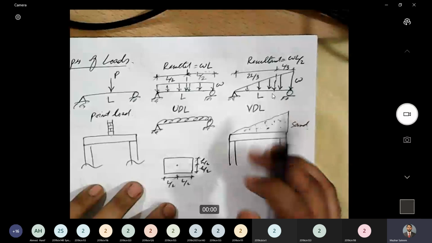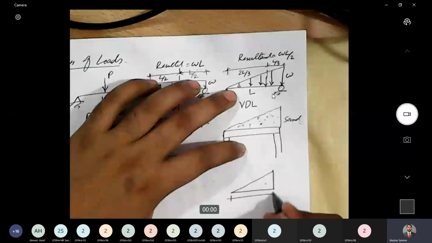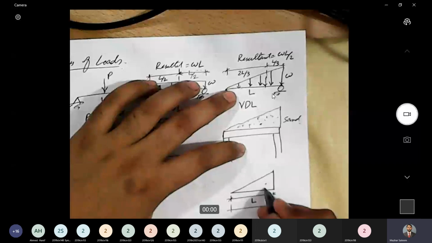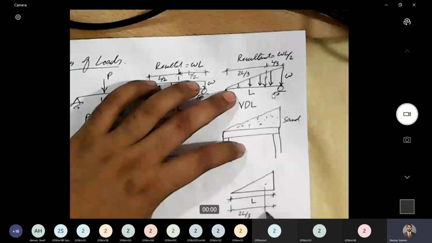Centroid is the geometrical center, and if this total length is L, then the location of centroid will be 2L/3 and L/3 from this side. For example, if this length is 30 meters, the location of centroid will be 20 meters from this edge and 10 meters from this edge.